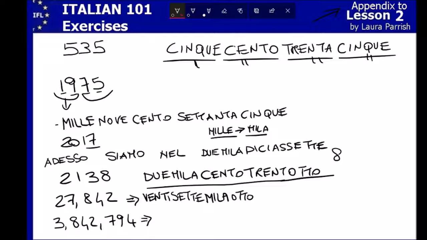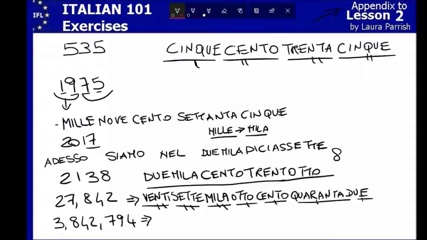Then you have to say 100, 800, then 42, 40, 2. There you go. 27,842 in Italian.